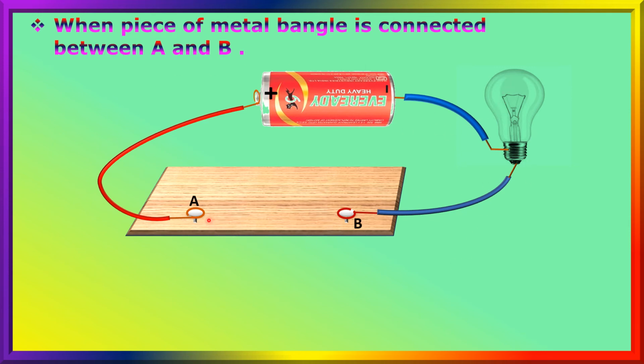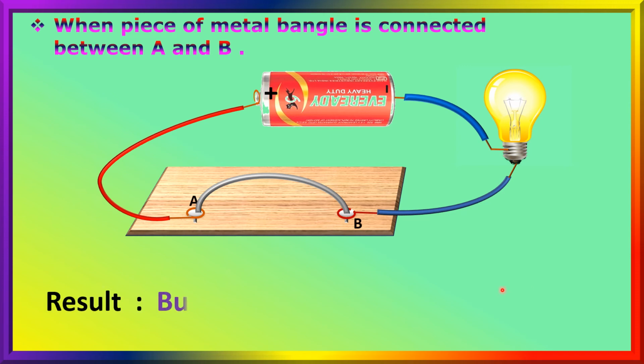I am making the circuit closed by connecting different materials between A and B. So here I am going to connect a piece of metal bangle. Yes, the bulb glows in this situation. Is it a conductor or an insulator? This is a conductor of electricity.